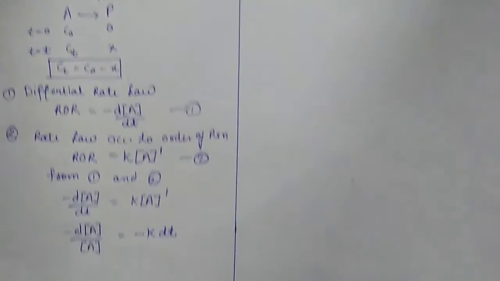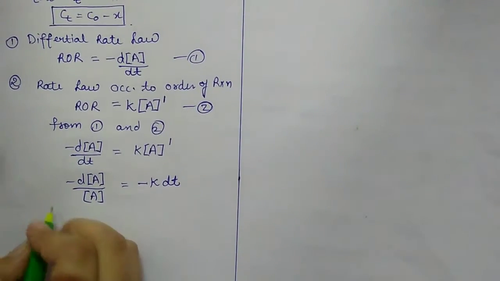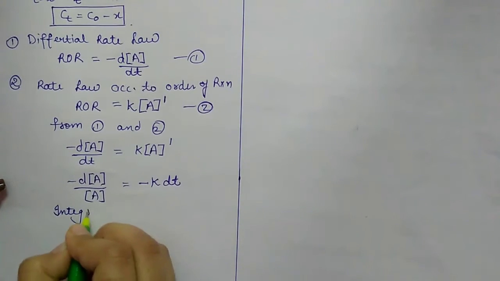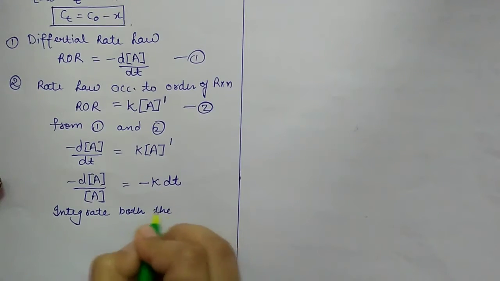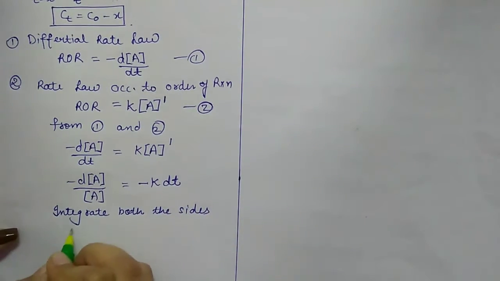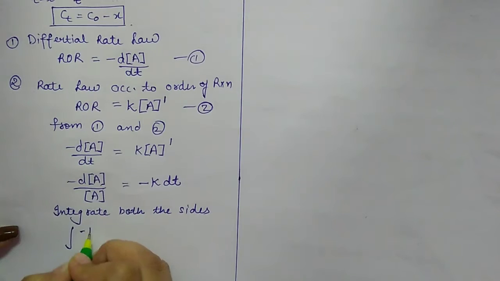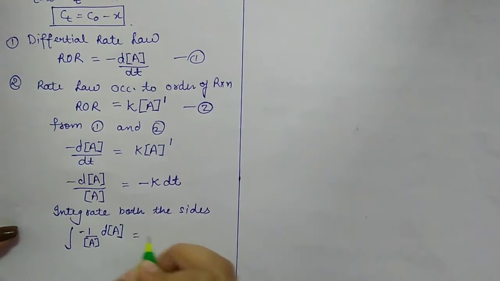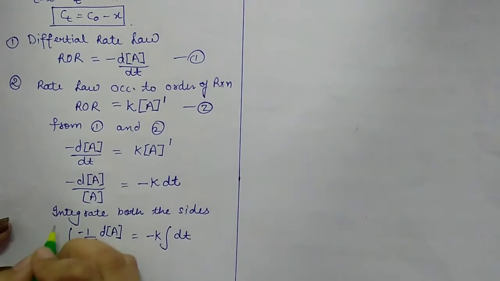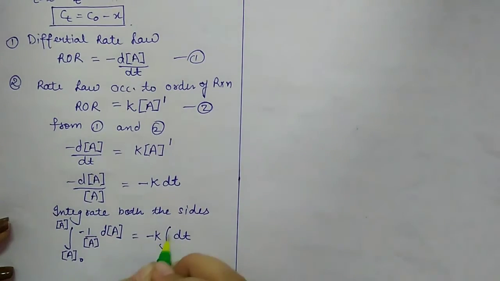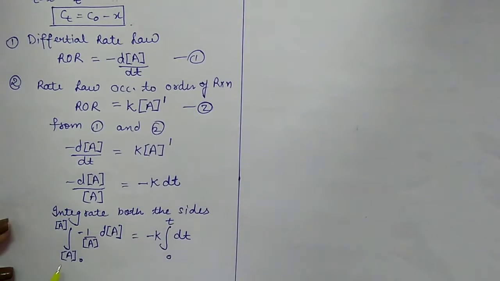Now you just have to integrate both sides. So the integral of minus 1 by A dA is equal to minus K (a constant) dt, applying the limits A naught to A and 0 to T. A naught is the initial concentration and A is the final.